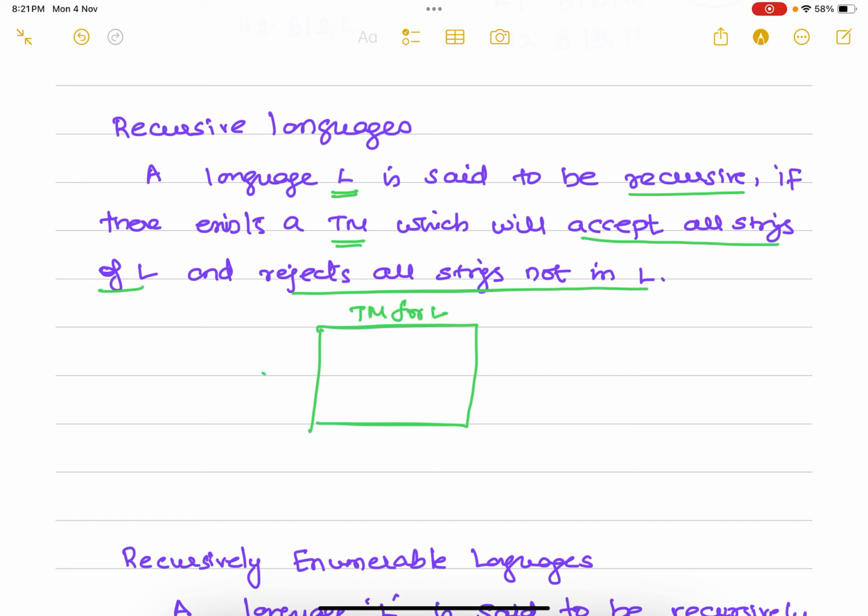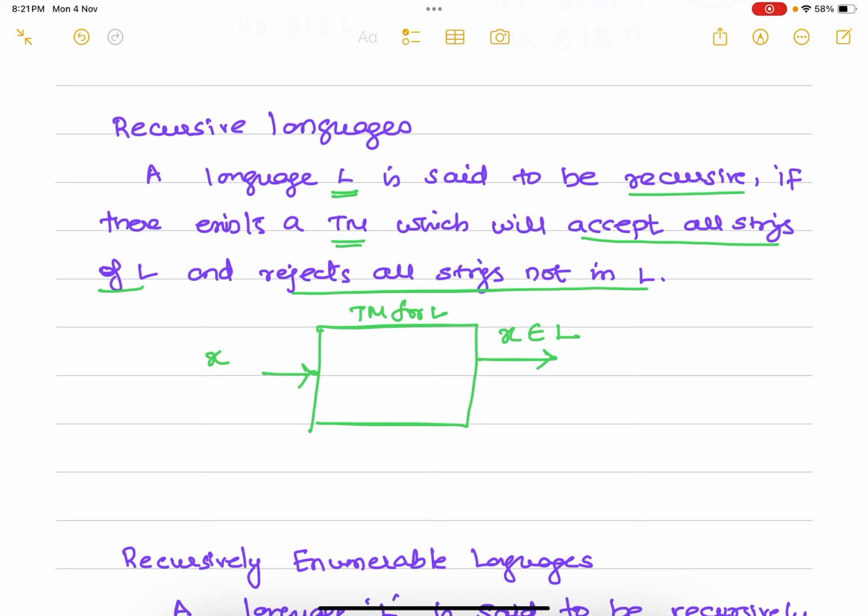Now, if you give an input X to this Turing machine, this X will travel from the initial state to the final state of the Turing machine, and it will be accepted. This string X will be accepted by the Turing machine.